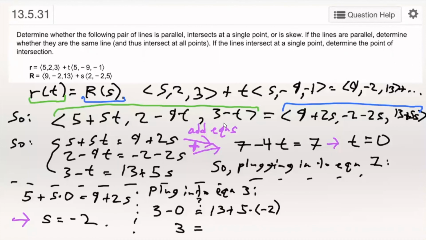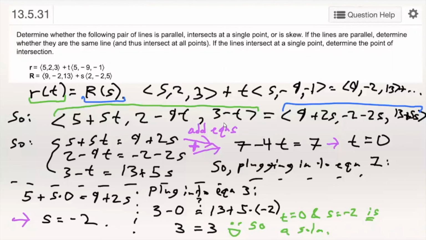And look at what we get. 3 is 3. So that means that t equals 0 and s is -2 is a solution. So the lines intersect at a single point.